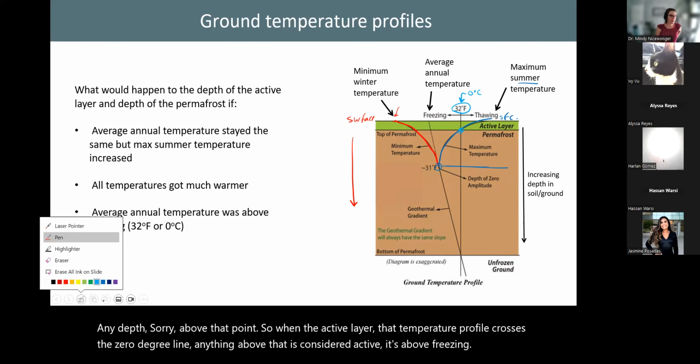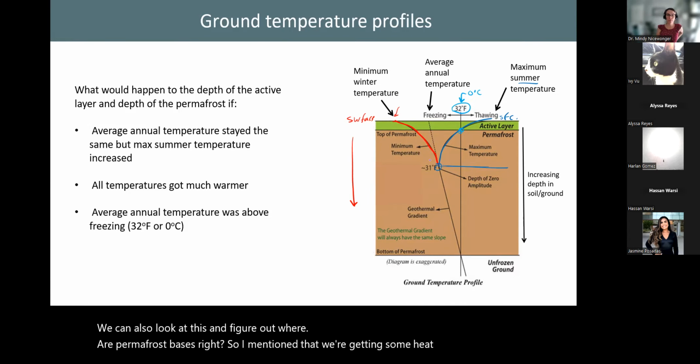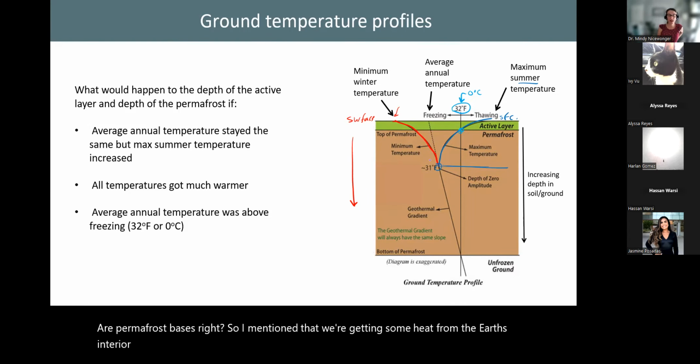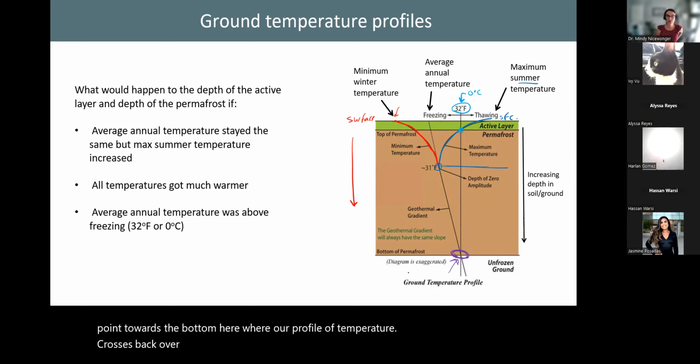We can also look at this and figure out where our permafrost base is, right? So I mentioned that we're getting some heat from the Earth's interior, that geothermal flux. And so if we go deeper, deeper, deeper, we see that there is a point towards the bottom here where our profile of temperature actually crosses back over that 0 degree Celsius, 32 degree Fahrenheit line.